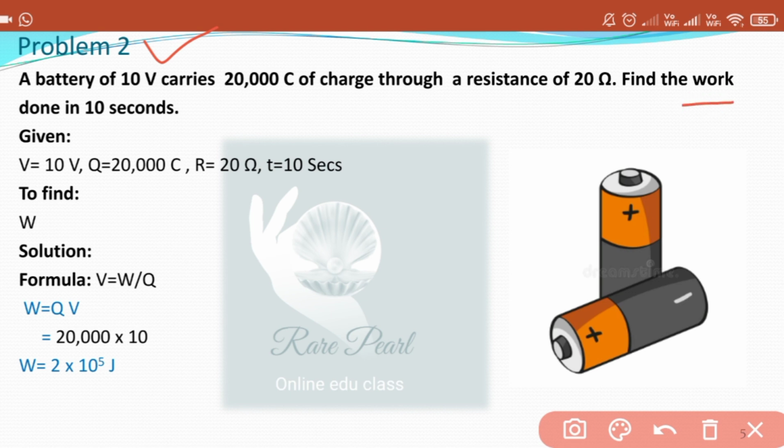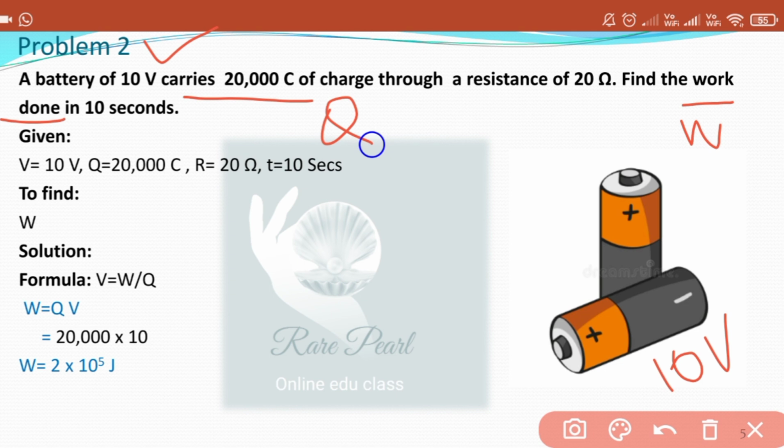We need to calculate work done, W. This is the battery of 10 volt and it is carrying 20,000 coulomb of charge. The amount of charge is known, the resistance is given and time is also given. For this particular time, this much amount of charge is flowing in the battery. We need to calculate the work done.